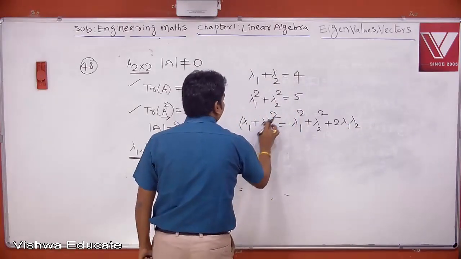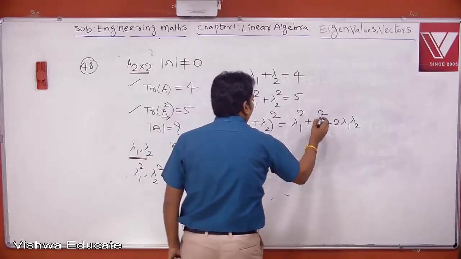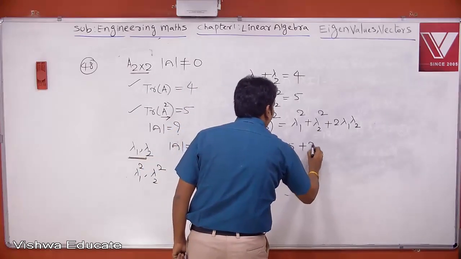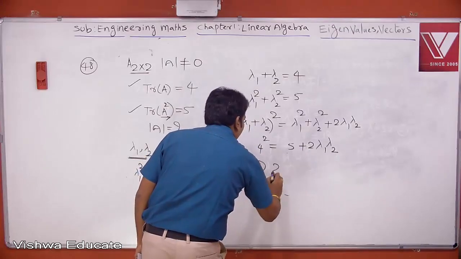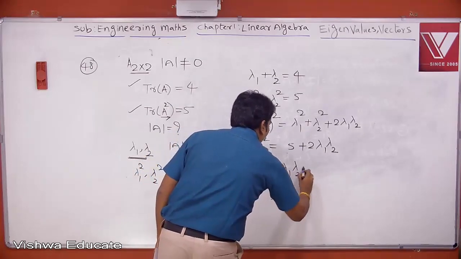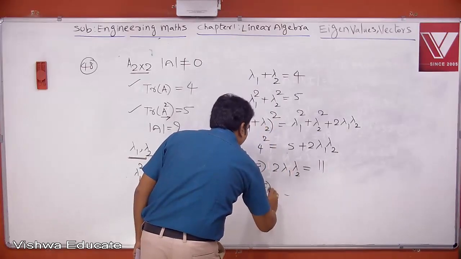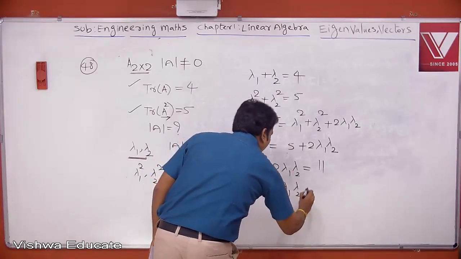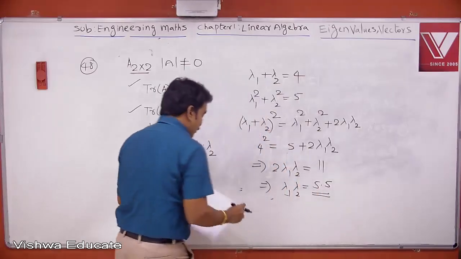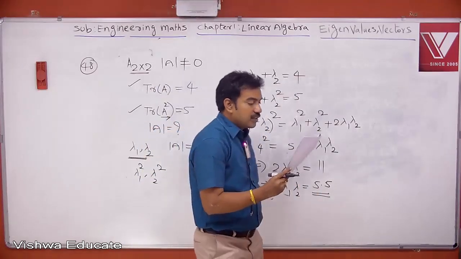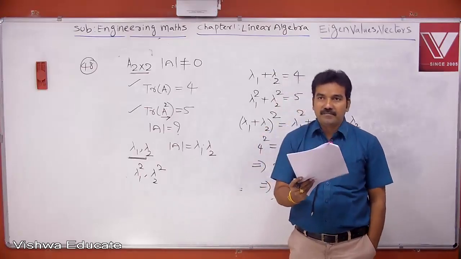But lambda 1 plus lambda 2 is 4. 4 square equal to lambda 1 square plus lambda 2 square, which is 5, plus 2 lambda 1 lambda 2. This implies 2 lambda 1 into lambda 2 equal to 16 minus 5, 11. This implies lambda 1 into lambda 2 equal to 11 by 2. This is 5.5. So it is given that you need to find the answer up to 1 decimal place. So the required answer is 5.5.